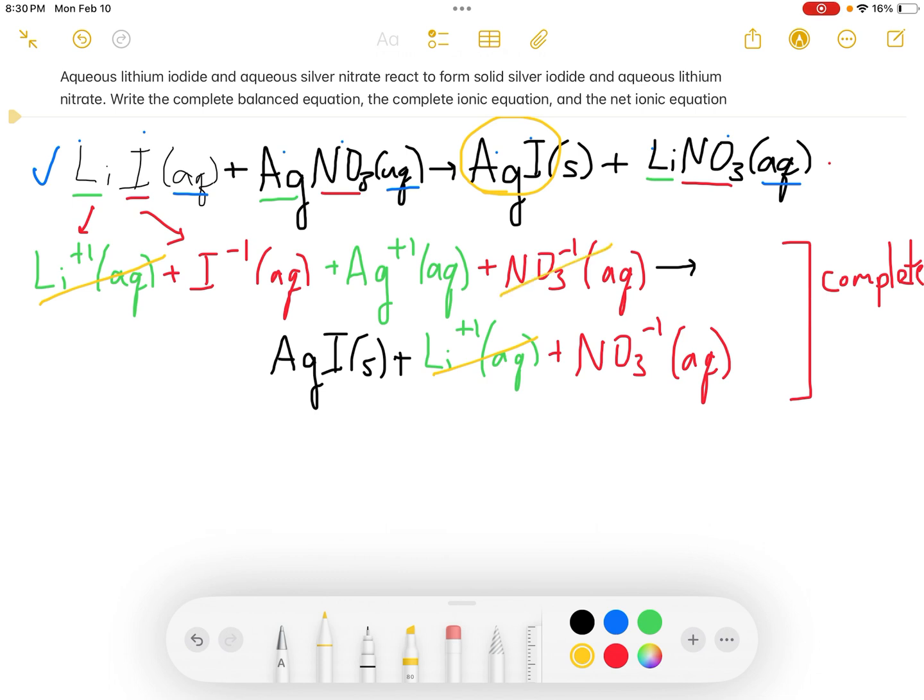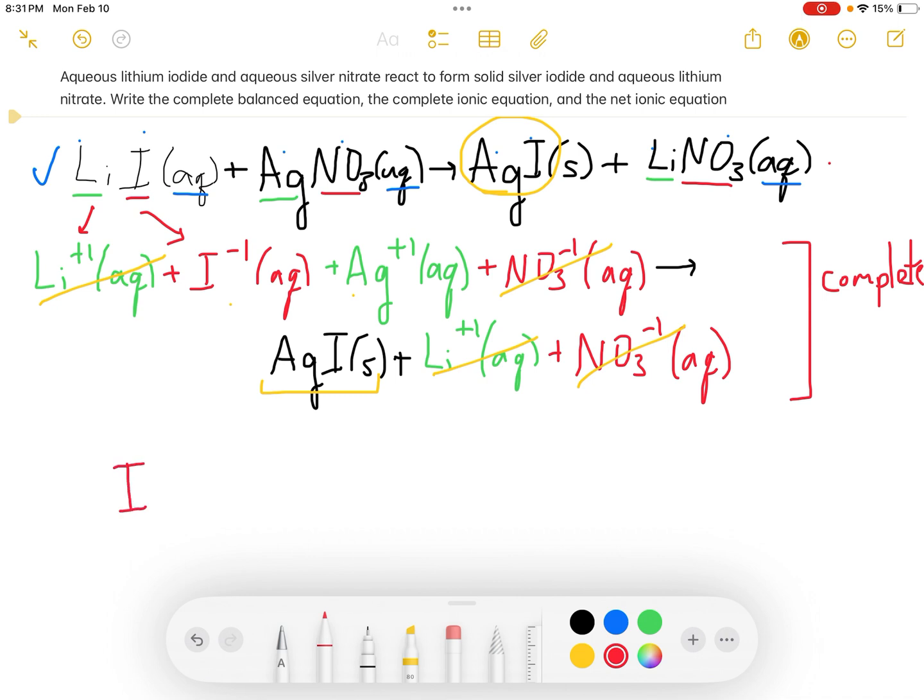Nitrate -1 is here, but also here, and we can cross it out from both sides. You can think of this in algebra as subtracting lithium from both sides, or subtracting nitrate from both sides. But we can't do that to silver or iodide because they are in a different form once they're in a compound. So we're going to write what's left over.